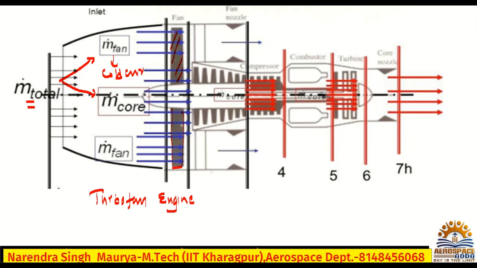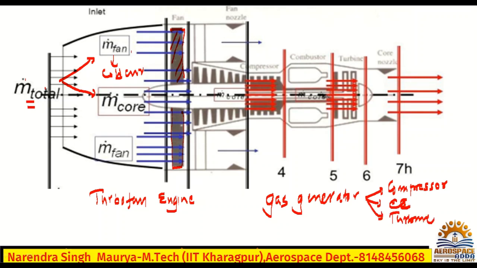Yes or no? So this total air is nothing but m total, and this m total is divided into two parts. One will be m dot fan and another will be m dot core. Core is related to the gas generator. What is the gas generator? Where the compressor is, where the combustion chamber is, where the turbine is. So the gas generator is basically the combination of the compressor part, then the combustion chamber, and then the turbine.